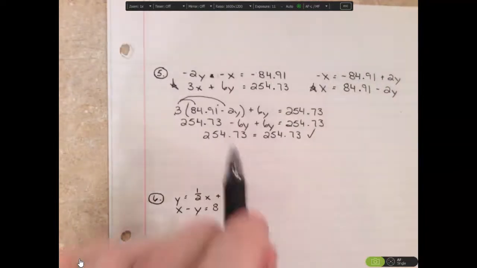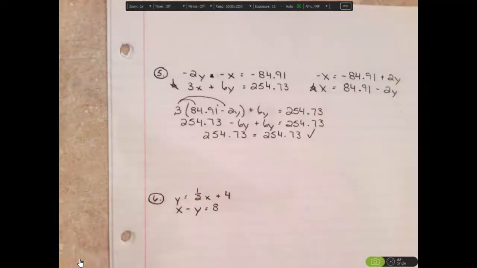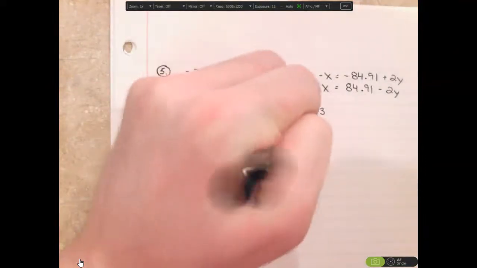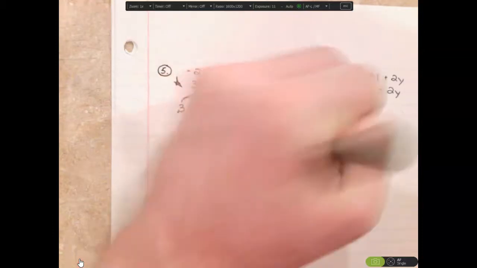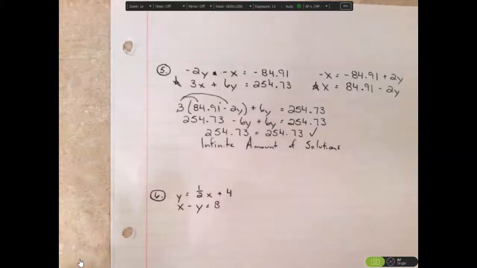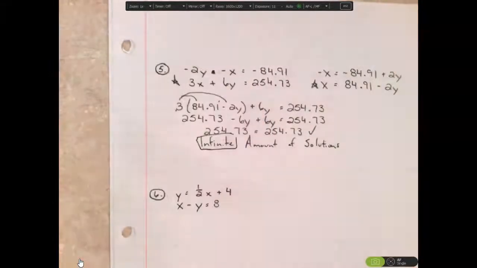Anytime you get a number is equal to that same number, this means it is an infinite amount of solutions for this equation. So my answer is just infinite amount of solutions. And there you go. So infinite amount of solutions. That's my answer there. And we could just leave that as infinite if you would like.